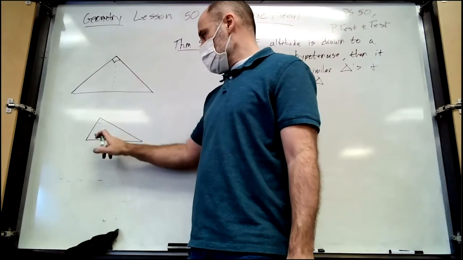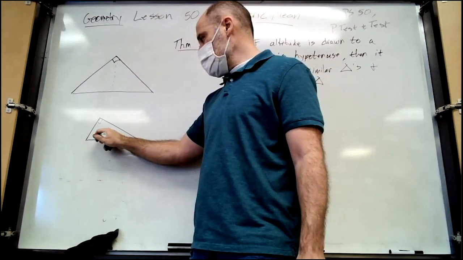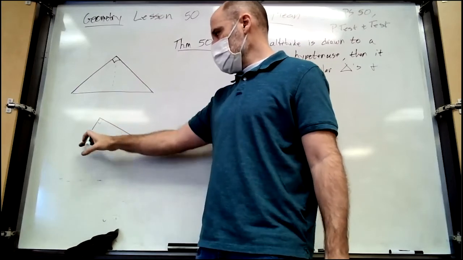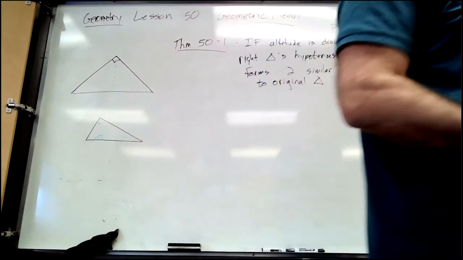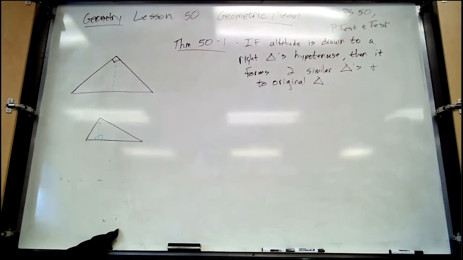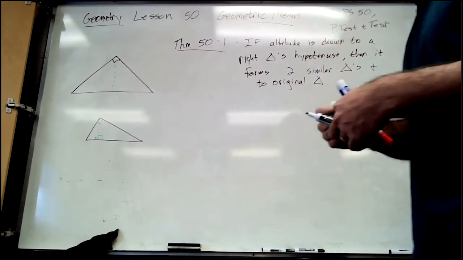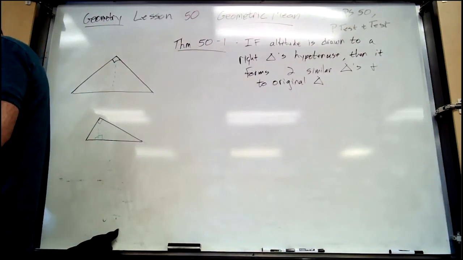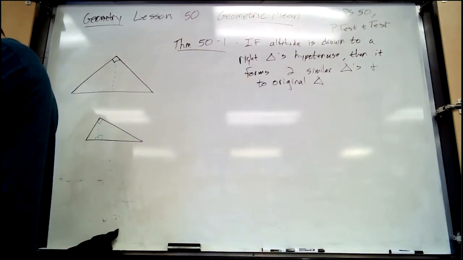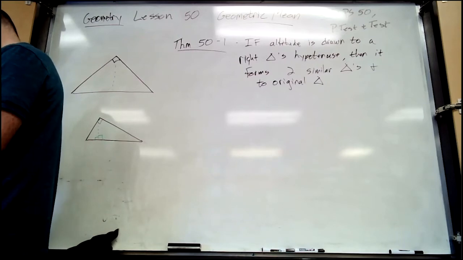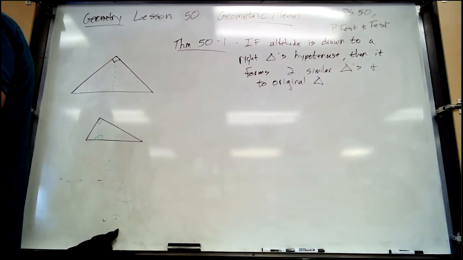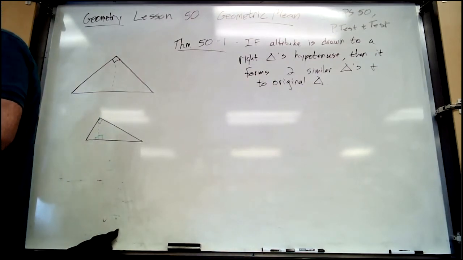Here's the bigger version of that original triangle, just flipped upside down. And then the original triangle is the biggest one. So it forms three similar triangles. There is a proof if you want to look at that, but we are going to skip past that for now.